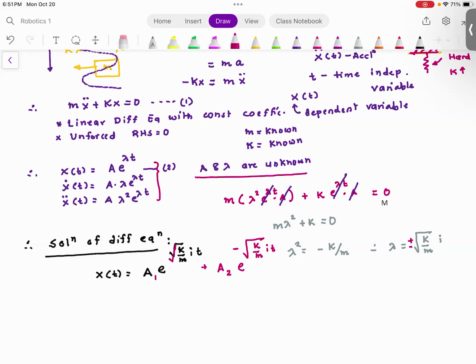Now, at this point, I want to address a very important concern. Notice that the equation that I have includes this imaginary term, i. Do you agree with me? But if you look at the physical spring mass system, it's not imaginary.